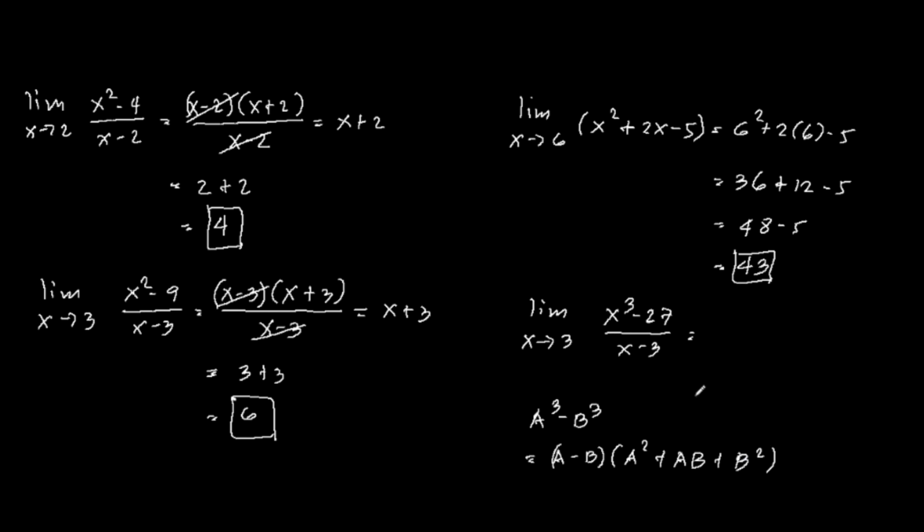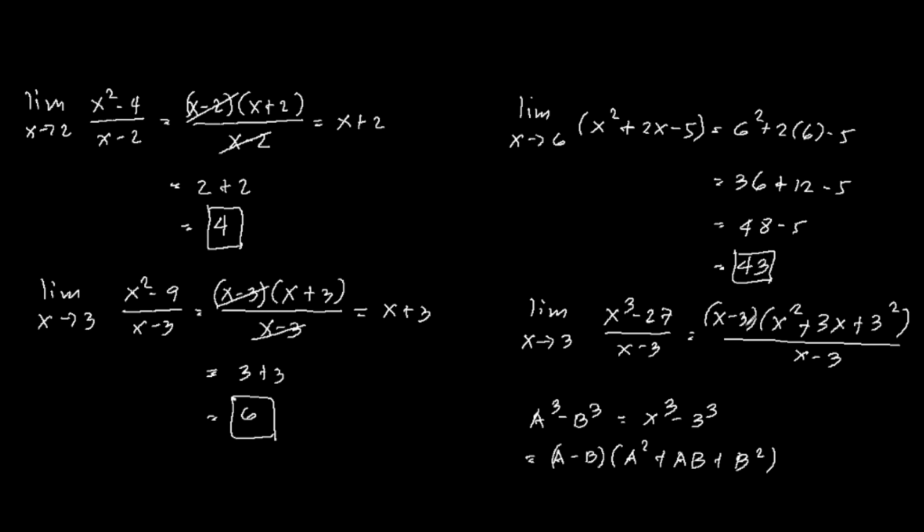Then, what is our a? x cubed minus b cubed, where b cubed is 27, so therefore b is 3 cubed. And then we substitute the given values: x minus 3, and a squared is x squared, plus ab or 3x, plus b squared or 3 squared, close parenthesis, divided by x minus 3.